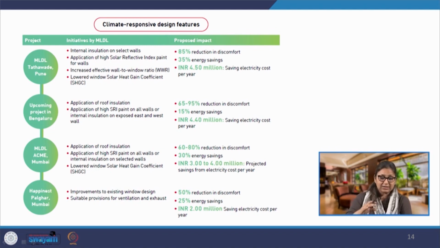But if we look at some specific projects and the specific tasks that they have implemented there, for example, in MLDL Tathavade Pune, they have added internal insulation on selected walls to reduce the heat ingress and thereby reduce the energy consumption.